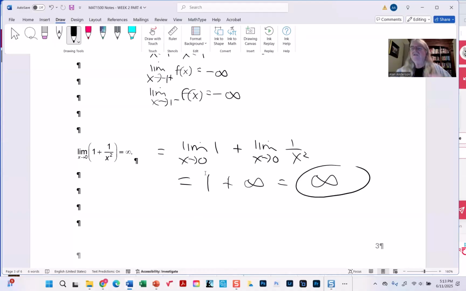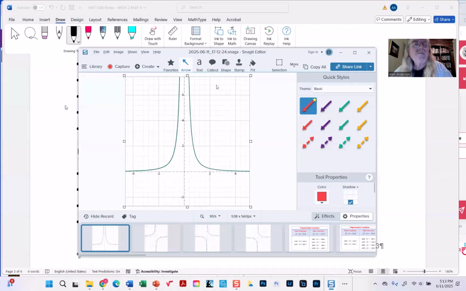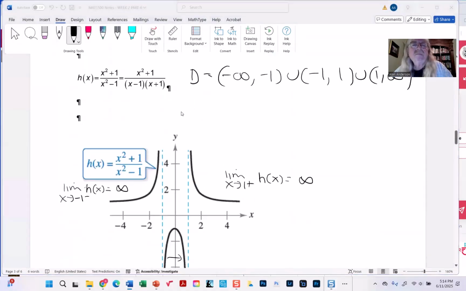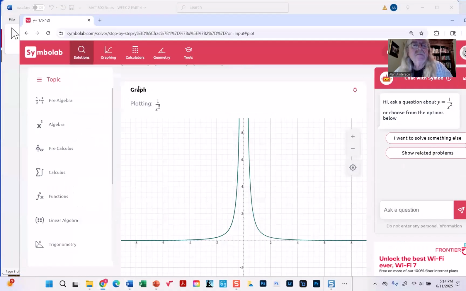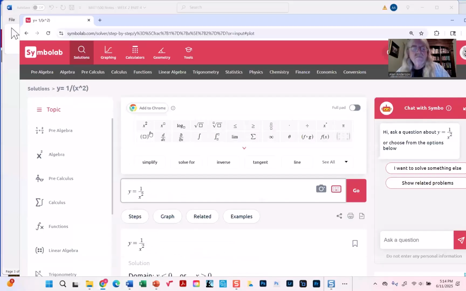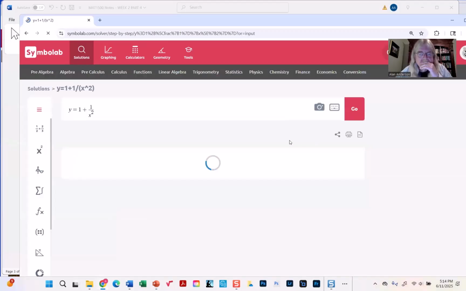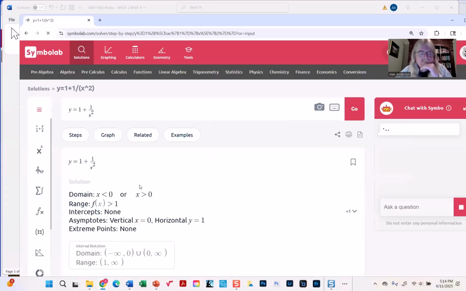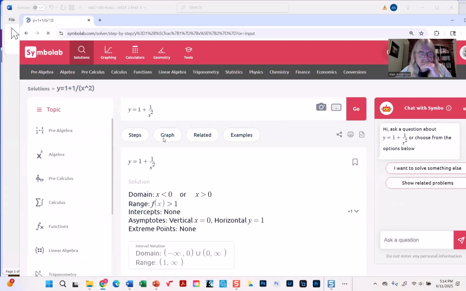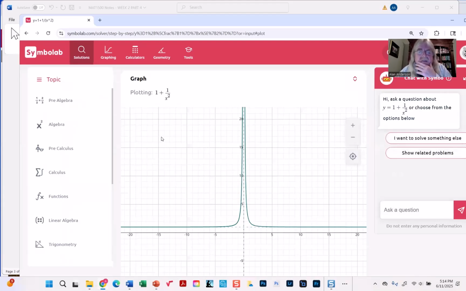Now, if you want, what we could do is graph this entire function and see how it looks. Yeah, I mean, it's not very different.